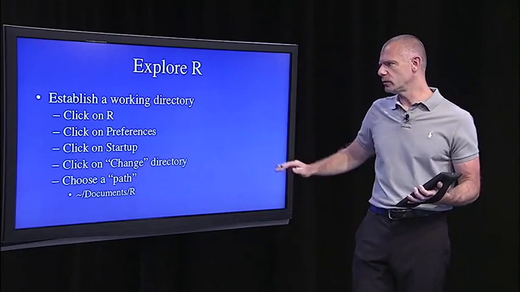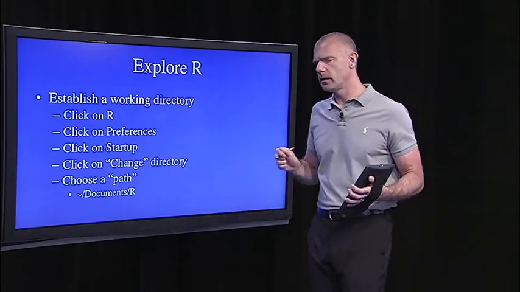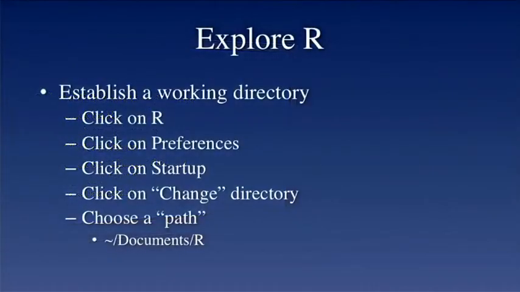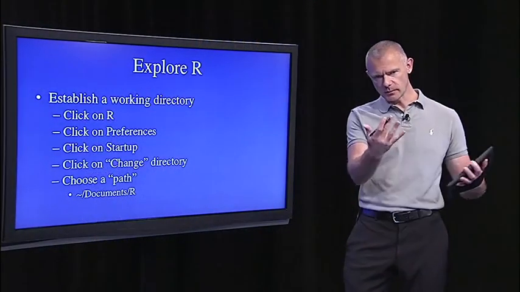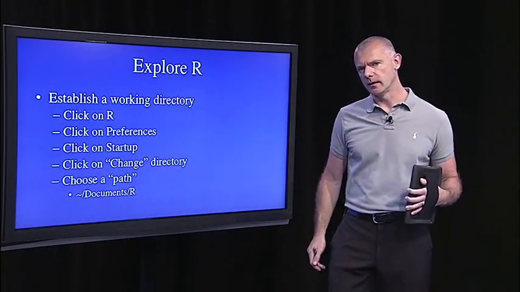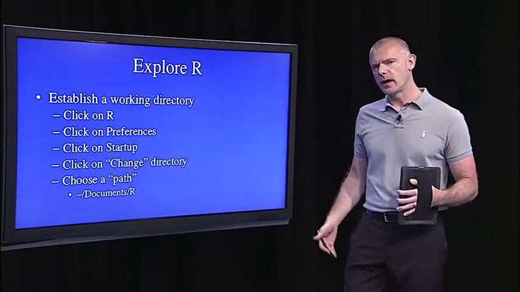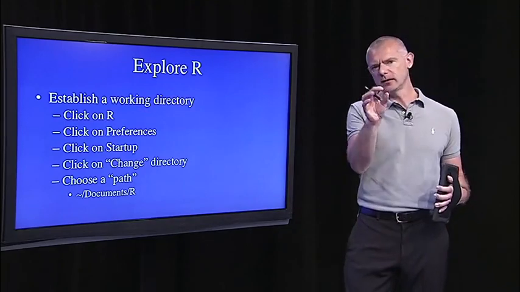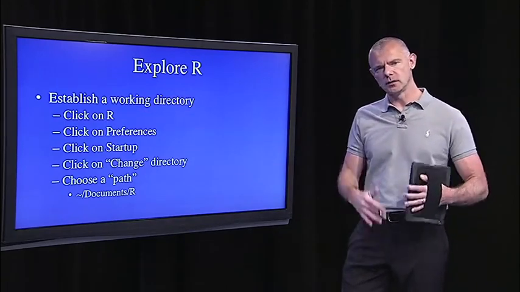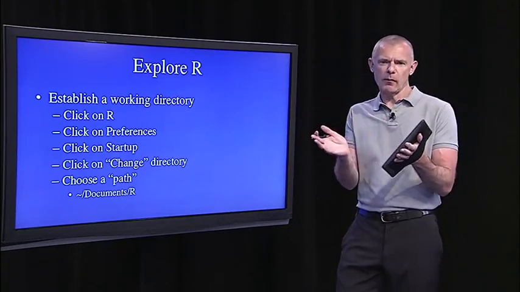And the way to do that is, again, go into R and click on R Preferences. And within that, if you click on Startup, there's a way to change your directory. That is, change your working directory. So for example, what I do is I have a Documents folder on my MacBook Pro, and within that Documents folder I have an R folder, and that's where I just keep all my files associated with R, and that's my working directory.